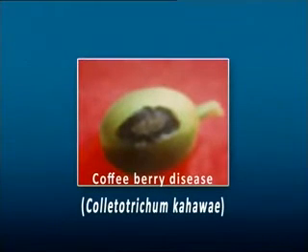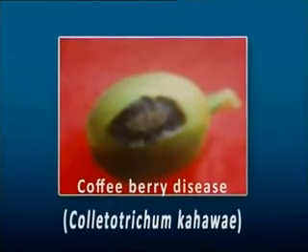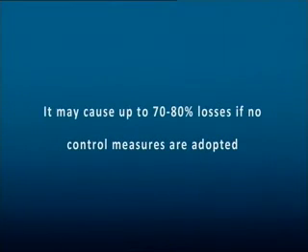Maximum crop losses occur following infection of green berries. It leads to the formation of dark, sunken lesions with sporulating acervuli, causing premature dropping and mummification of berries. It may cause up to 70 to 80% losses if no control measures are adopted.